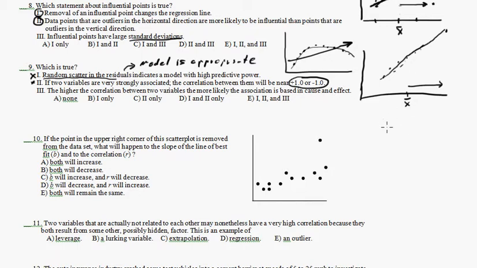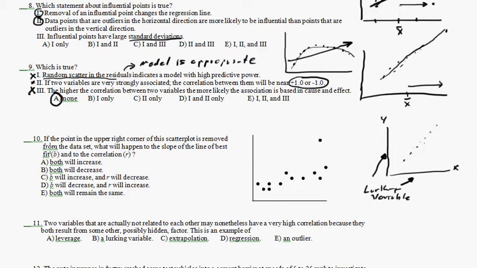Just because we have a nice strong relationship with very little scatter, we could have a lurking variable that is acting on the predictor variable at the same time, causing the predictor variable to go up at the same time it causes the response variable to go up. So none of these are true. They're all lies. So it would be A.